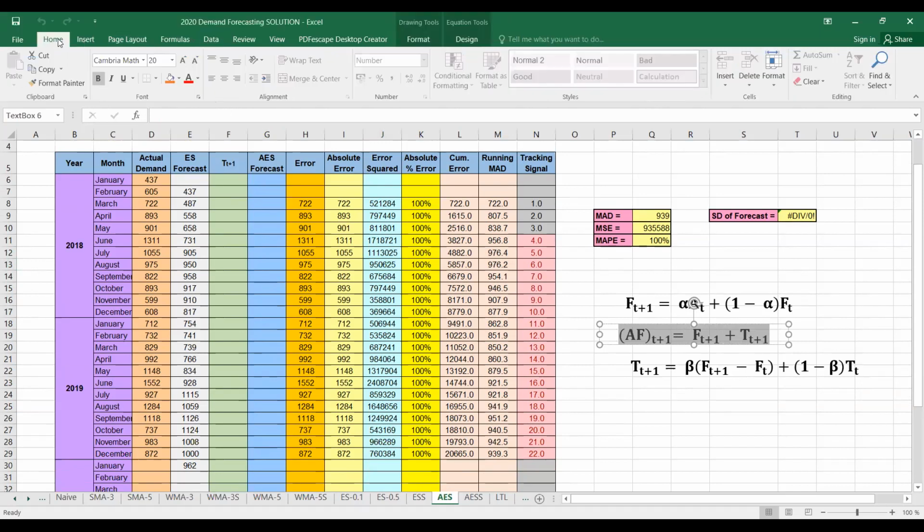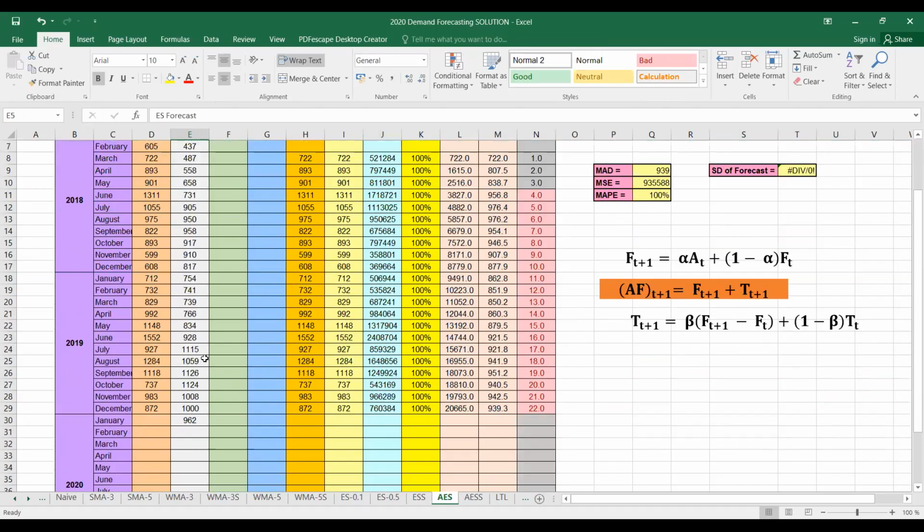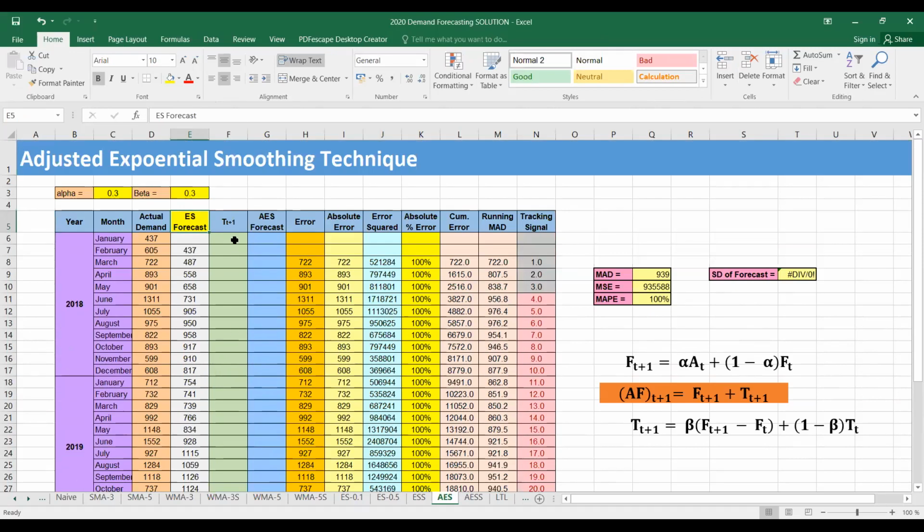We need the forecast using simple exponential smoothing, plus we have to add the trend factor. I have already applied the formula for simple exponential smoothing using alpha 0.3. This column is showing that forecast. Now we need to find the trend value for each period and add these two values to find the adjusted exponential smoothing forecast.